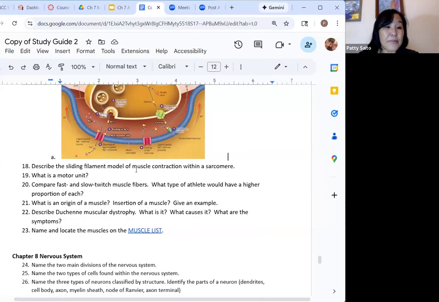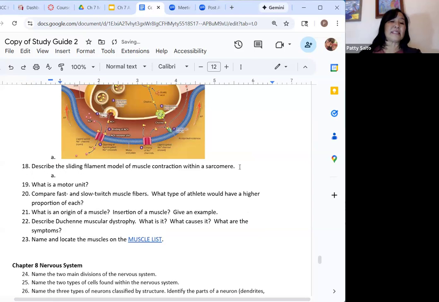Now, question number 18. Describe the sliding filament model of muscle contraction. All right, so looking at your pictures, I'm going to put a link here.